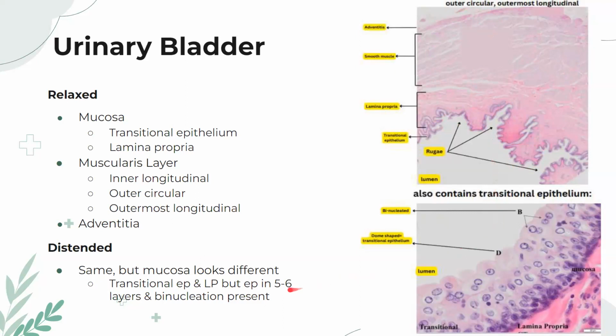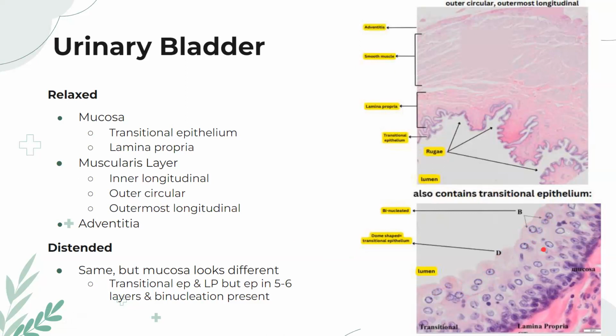Basically a relaxed or a distended bladder pretty much looks identical. It has the same number of layers. Every time you need to urinate, the number of layers can't change, but what can change is the structure of the epithelium. As you see here, the epithelium has a very dome-shaped transitional shape, and the cells are binucleated. This one cell has two nuclei, and this one cell also has two nuclei.